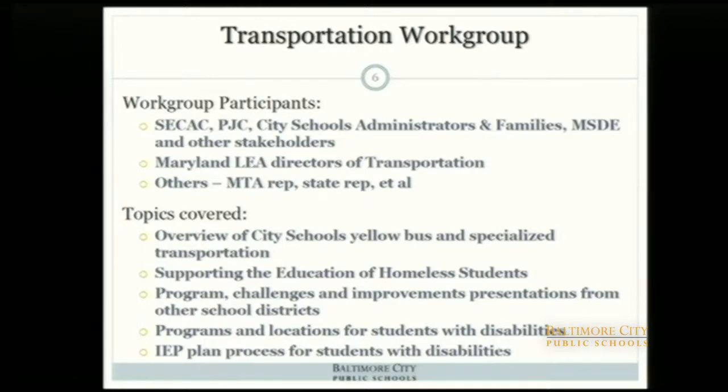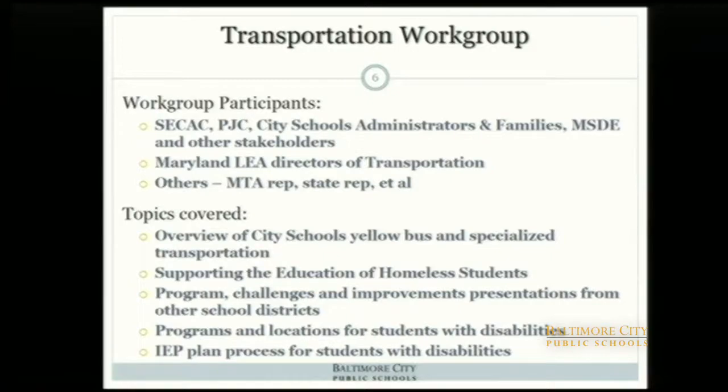But it's still a challenge. And one of the things that we did learn is taxi cabs are growing throughout the United States in transportation to transport the homeless students because of the bus driver shortage. So your resources are kind of limited to placing them on a yellow bus because of the distance that's being traveled.